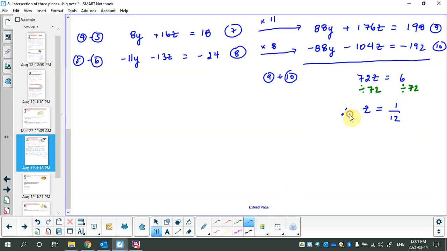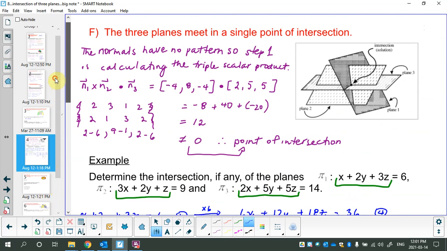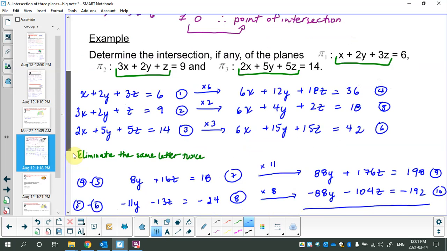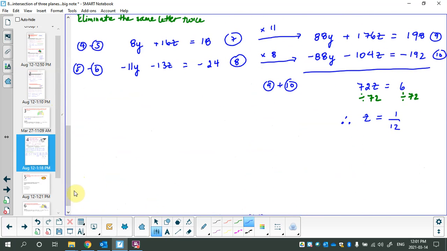So this is one of my coordinates of the point of intersection. So now what I have to do is I have to find the other two coordinates, the y coordinate and the x coordinate. So I'm going to sub this into number 7. So I either have a choice of number 7 or number 8, or slightly worse, 9 or 10.